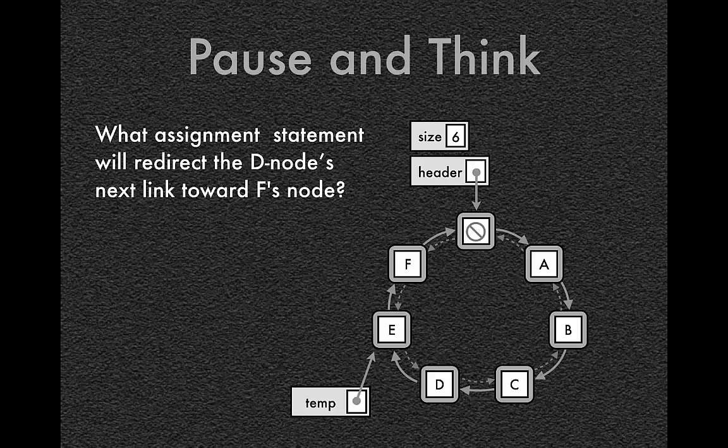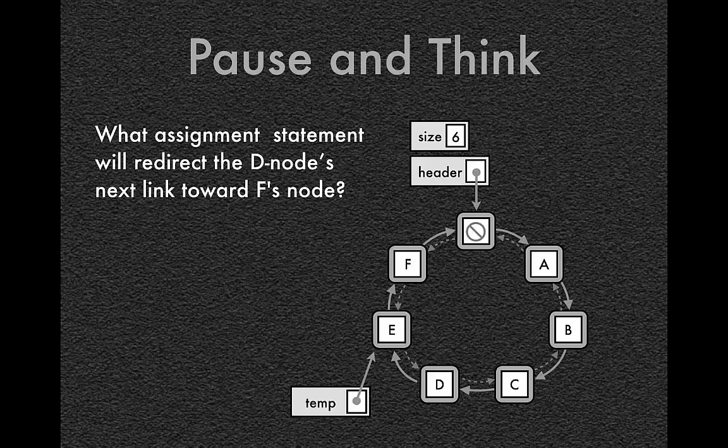Ready? This one's a bit challenging, but I've asked the question in this particular way to help us create the assignment statement. The question here says that we want to redirect D node's next link toward the F node.